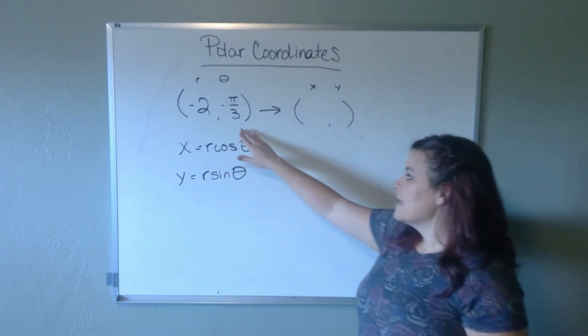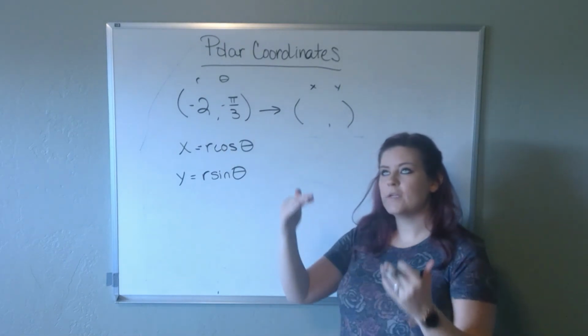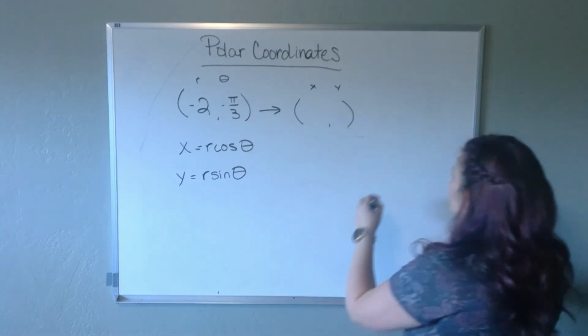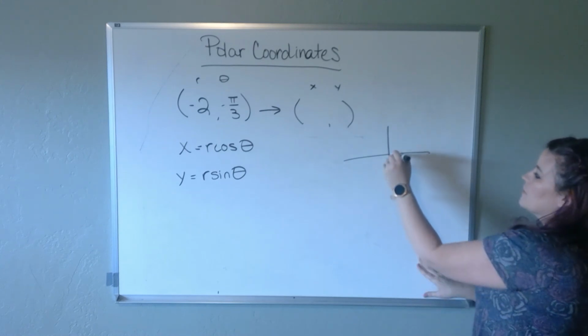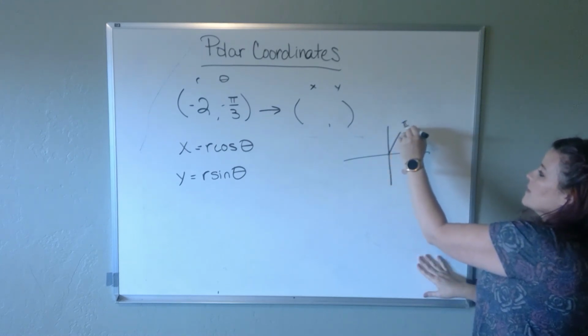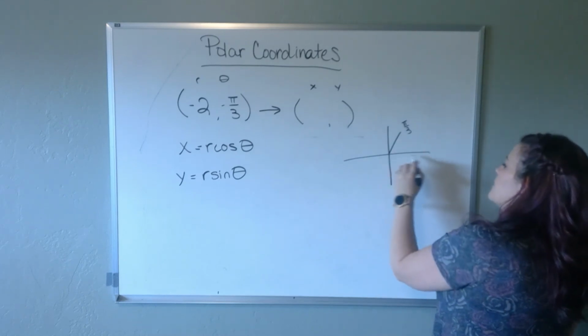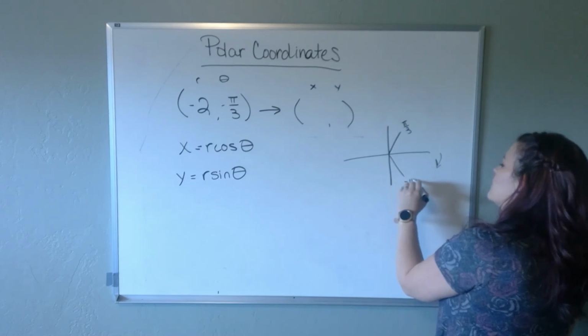You guys, with this negative angle, we're going to have to think a little bit. Use your unit circle. Think about going in a clockwise direction. I'm going to sketch it for us a little bit. So you guys, on your unit circle, positive pi/3 is here, right? The 60 degrees. Going the other direction, so going clockwise, go down, here's negative pi/3.